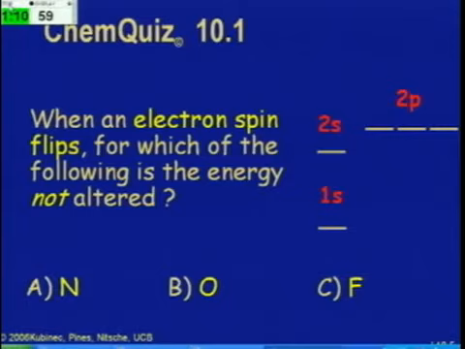What did you have? So you could flip this one. Would that be allowed?